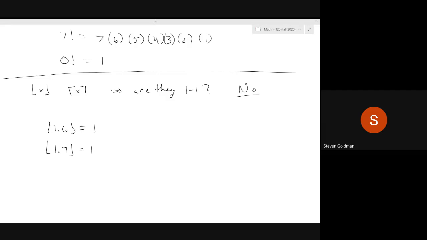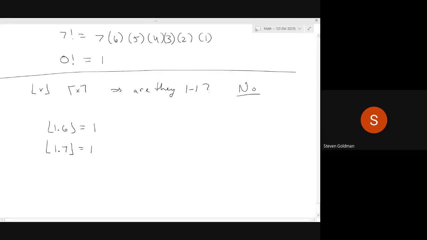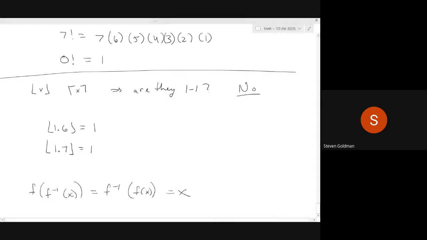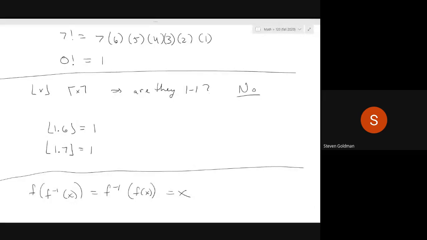A composition of f and f inverse, or f inverse of f, will both equal x. Either way they'll cancel each other out. So f of f inverse of x equals x, and f inverse of f of x equals x. That's the only time really that the composition will be the same either way.